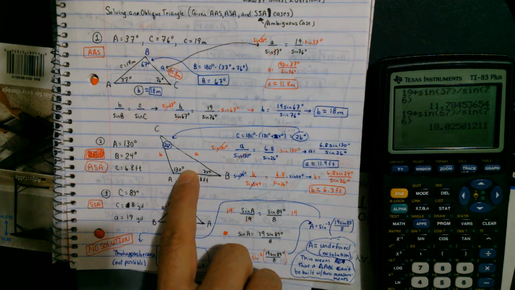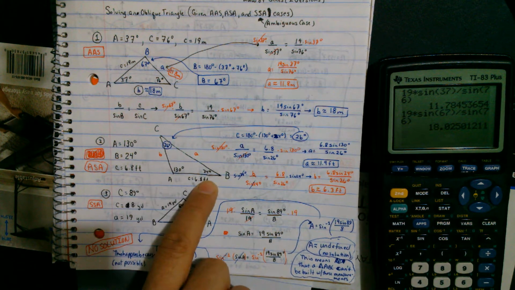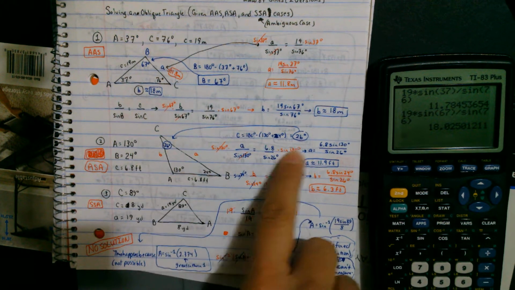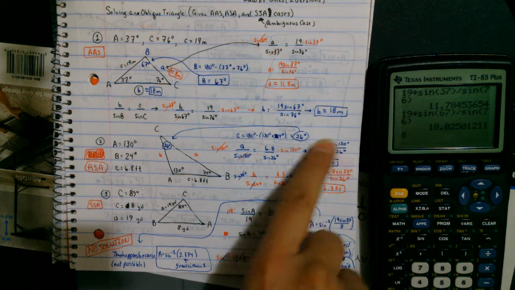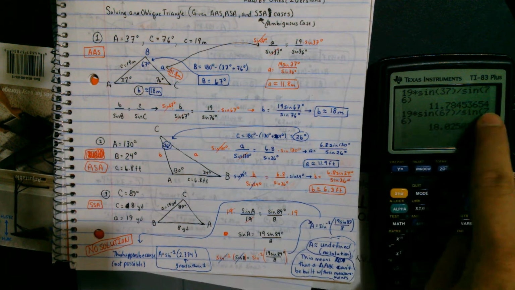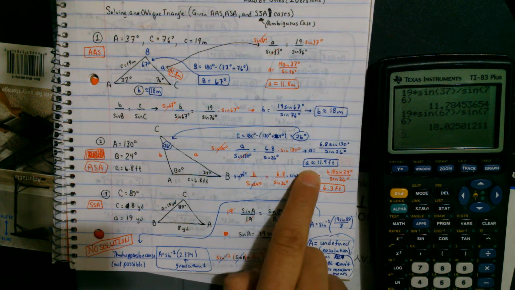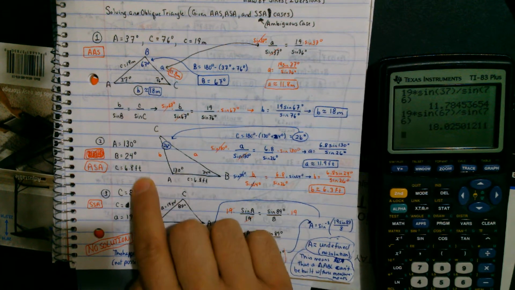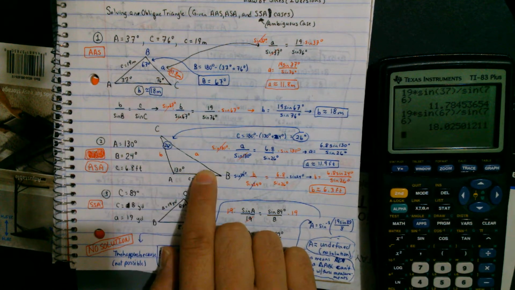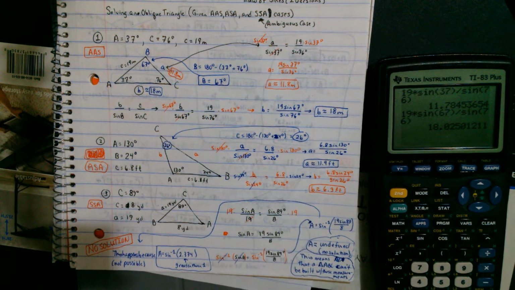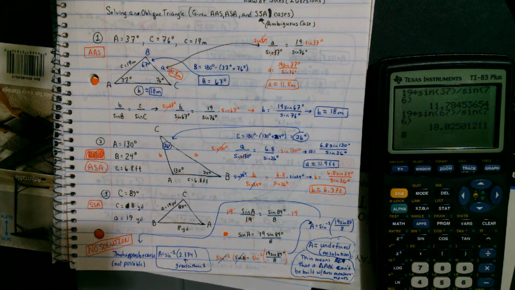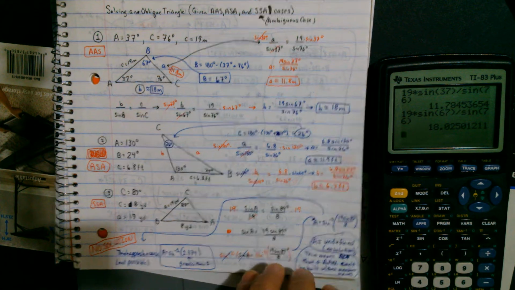So a over the sine of 30 is the same thing as 6.8 over the sine of 26. Multiplying both sides by the sine of 30, I get this value. It's the same plug and chug. You should get 11.9. You do the same thing for b: b over the sine of 24 is the same thing as 6.8 over the sine of 26. Solving for b, you get 6.3. I'll leave that to you as an exercise.